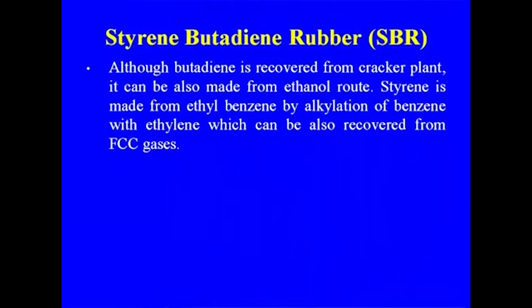Although butadiene is recovered from the cracker plant, it can also be made from the ethanol route. Styrene is made from ethyl benzene by alkylation of benzene with ethylene, which can also be recovered from the FCC. As I told you, now there is interest in recovering the ethylene available in the FCC gases.